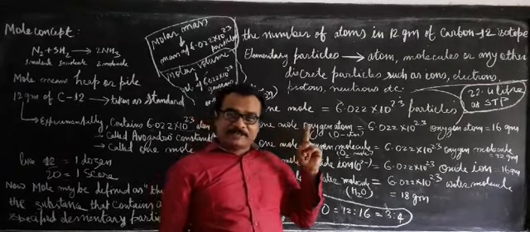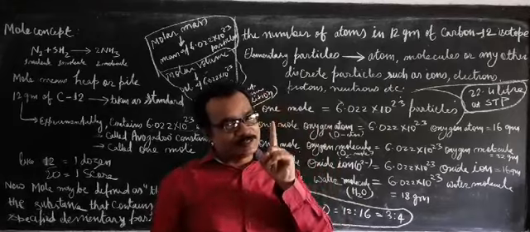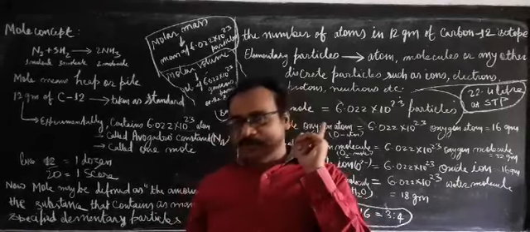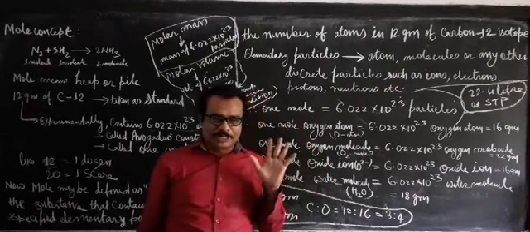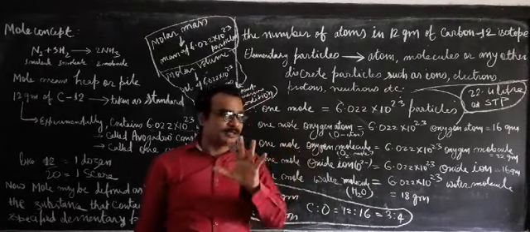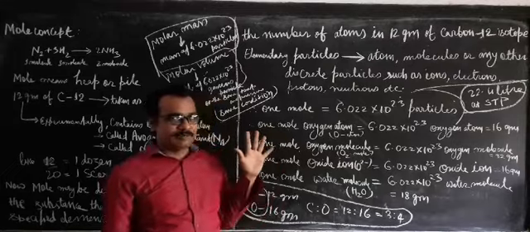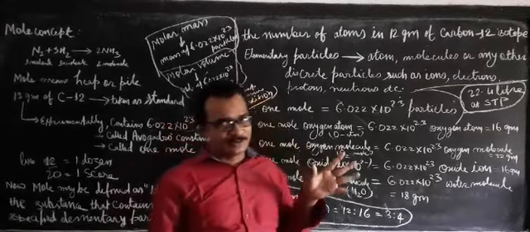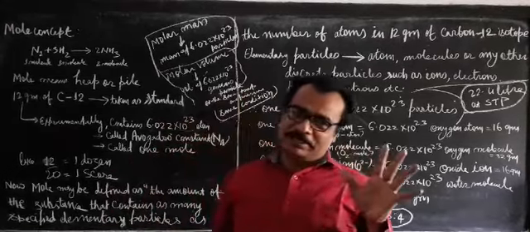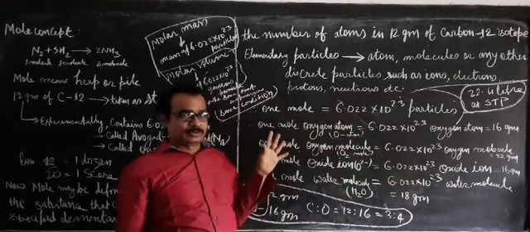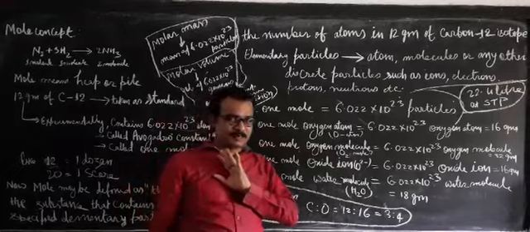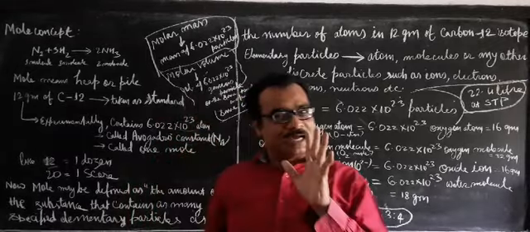And if you take the mass of this number, that is 6.022 into 10 to the 23, then it would be molar mass. This molar mass would be atomic mass or molecular mass. If you have calculated it for atoms, then it would be atomic mass. If you have calculated for molecules, then it would be molecular mass. So molecular mass as well as atomic mass, both are molar mass.